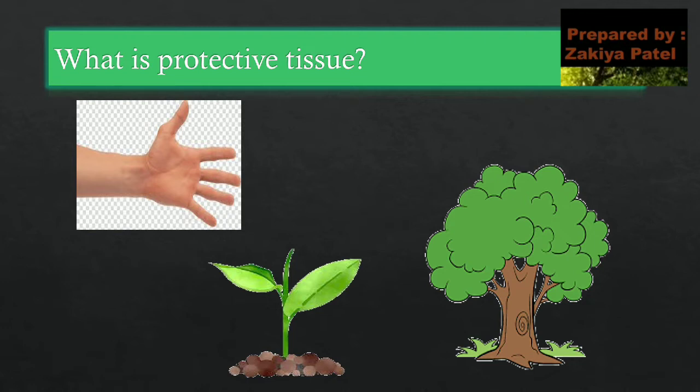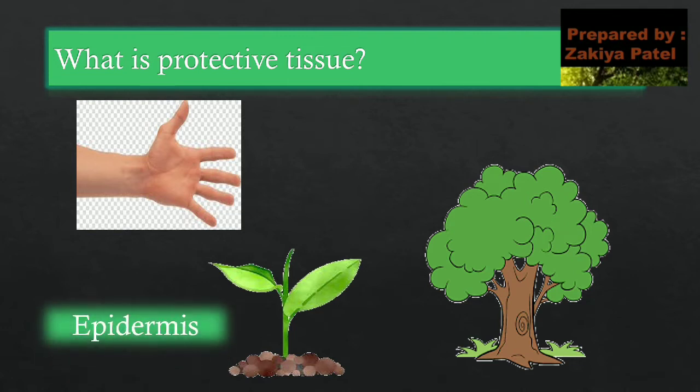One thing should be clear here: the protective layer present in the plant is called the epidermis. Remember, the protective layer present in the plant is called the epidermis.